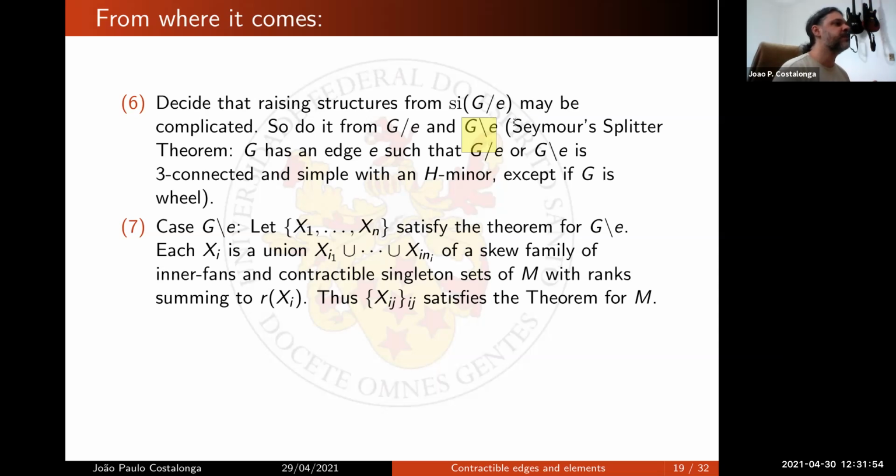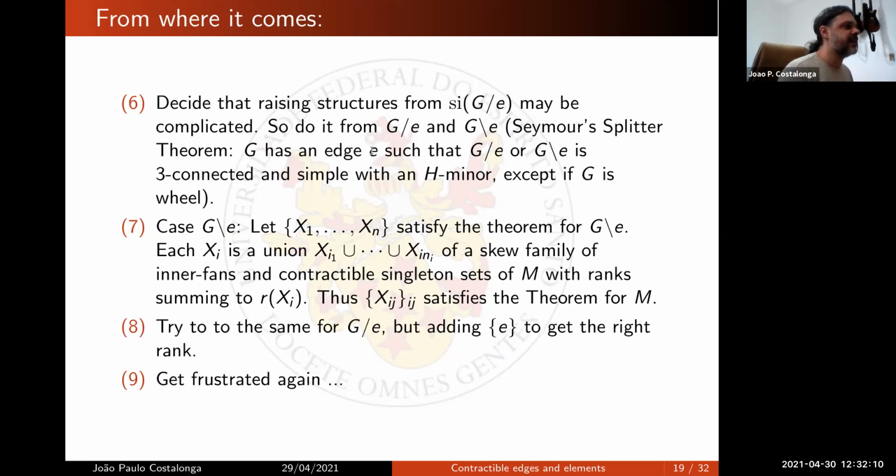And this exists because of Seymour's Splitter theorem. This is for matroids too, but the corollary for graphs is that if G is 3-connected and has an edge minor, it has an edge E such that the contraction or deletion of E is also 3-connected and simple with an edge minor. With the exception of when G is a wheel. But it's a very well-behaved case, so you can treat it separately.